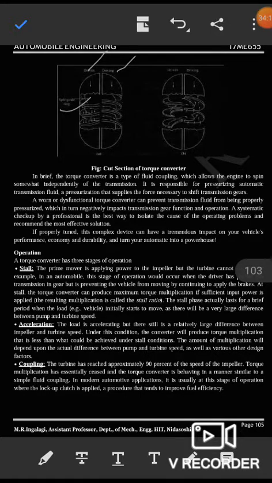A systematic checkup by a professional is the best way to isolate the cause of operating problems and recommend the most effective solutions. If properly tuned, this complex drive can have a tremendous impact on your vehicle's performance, economy, and durability, and turn your automatic into a powerhouse.